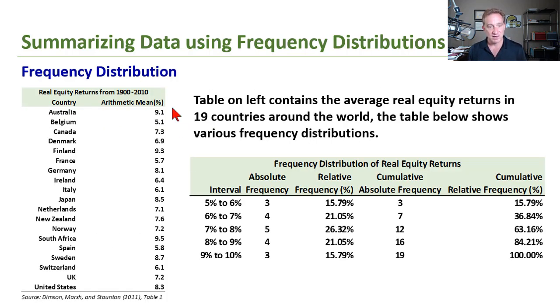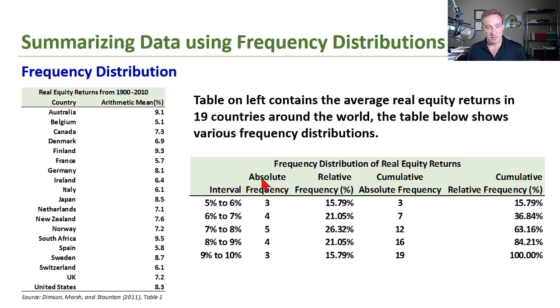Here we have a table frequency distribution of equity returns for, it looks like 19 different countries, and they're the corresponding arithmetic mean for each country. So really we have, for each of 19 observations, a single value. And you can see the intervals or bins have been defined thusly, starting at 5% and going up to 10% with a bin width of 1%.